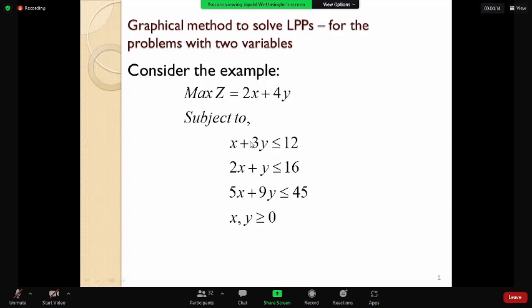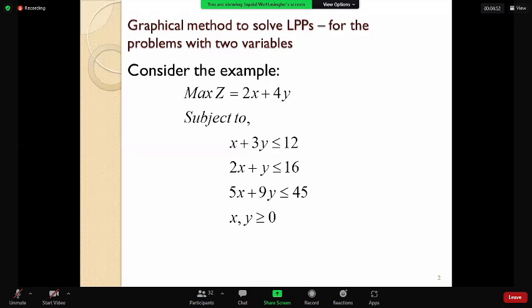So you have to recall how you can draw an inequality in a graph plane. We can draw an inequality in a graph sheet. And in the same graph, you have to draw the other two inequalities also. So you have to draw all three inequalities in the same plane. And also there is another condition that x and y should be greater than or equal to 0. That also has to be considered.